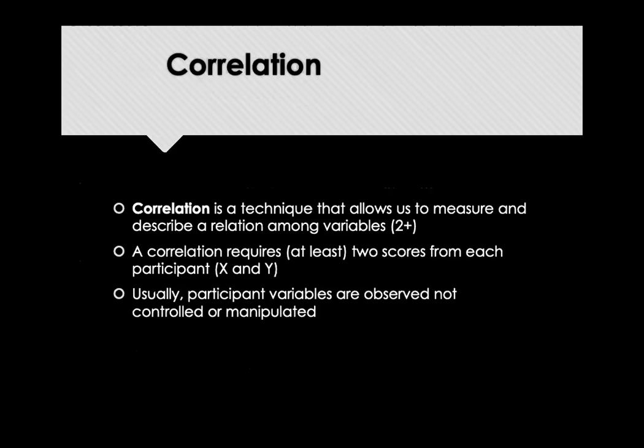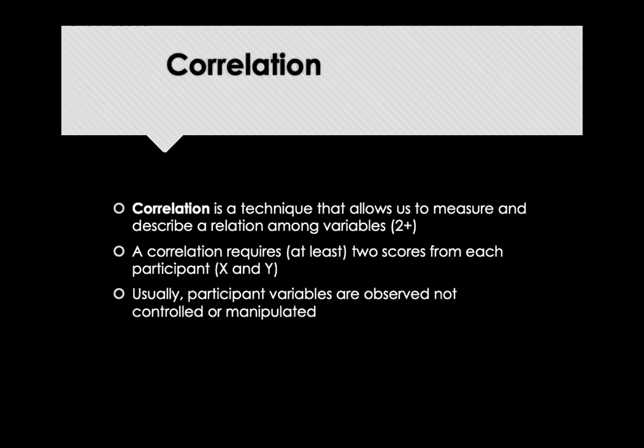Correlation is a technique that allows us to measure and describe a relation or relationships among two or more variables. It requires at least two scores from each participant, and usually participant variables are observed, not controlled or manipulated.